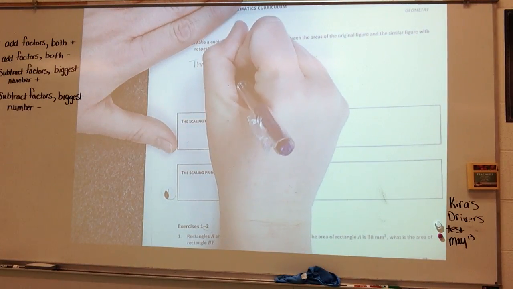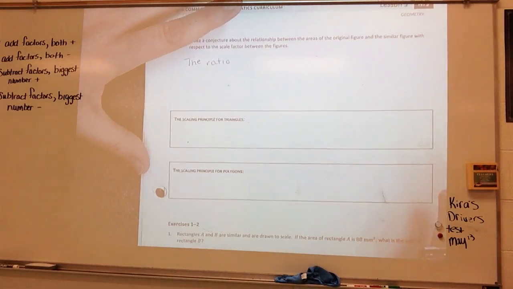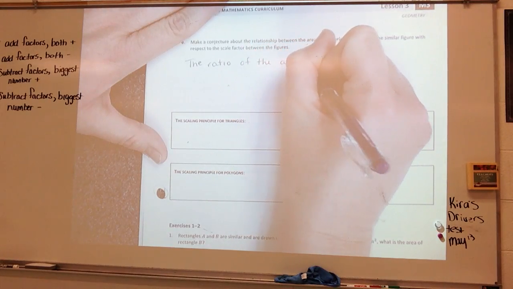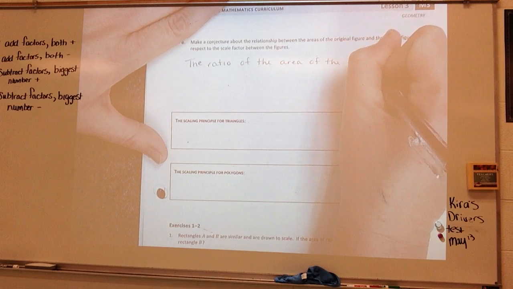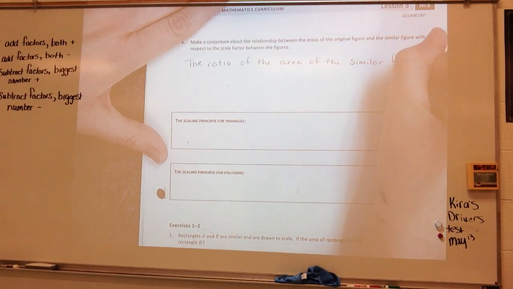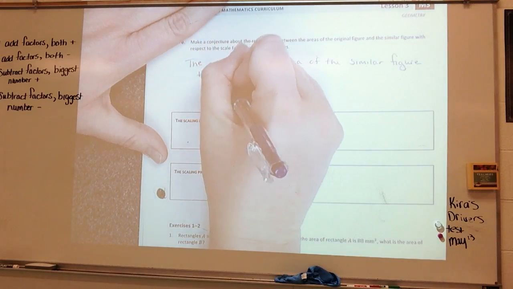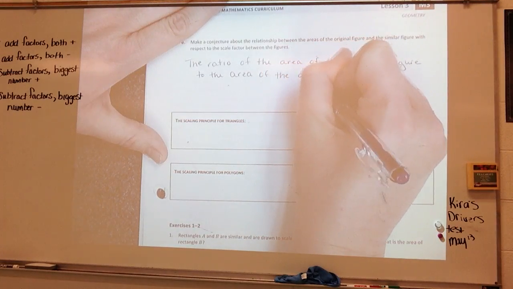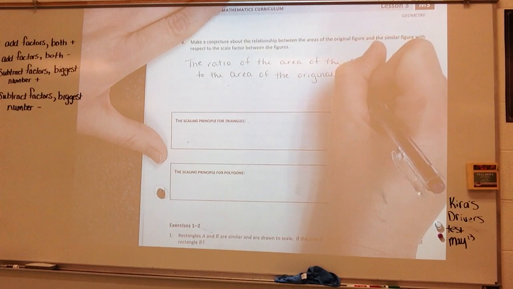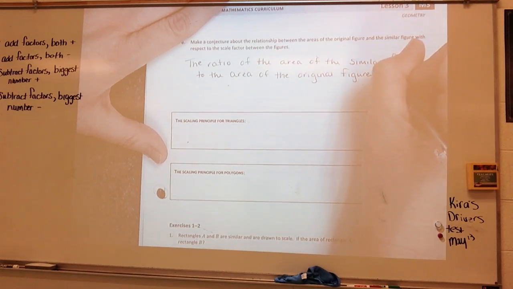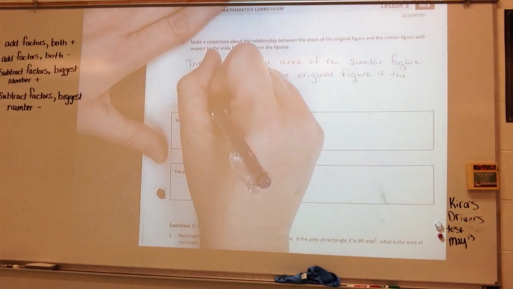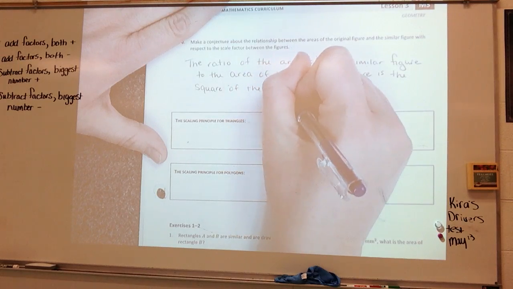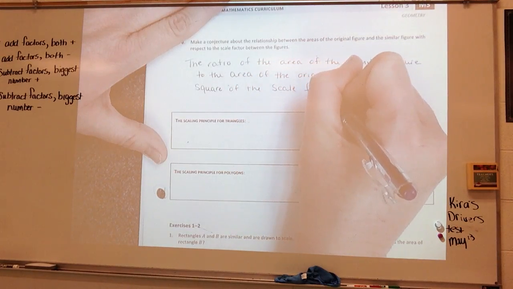So the ratio of the area of the similar figure to the area of the original figure is the square of the scale factor of dilation.